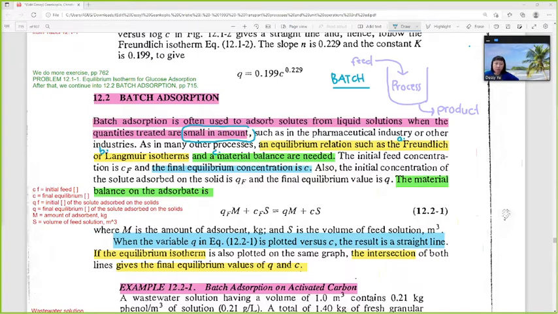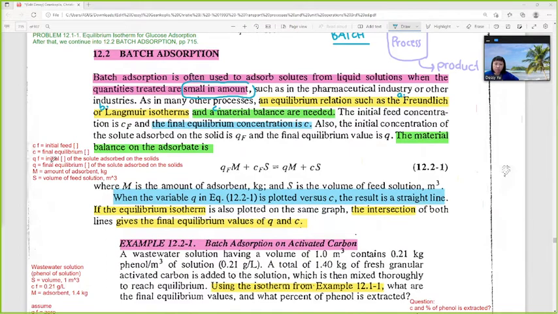Cf is the initial feed concentration, and the final equilibrium concentration is C. And then Qf is the initial concentration of the solute on the solid absorbent, and Q is the final equilibrium concentration. M is the amount of absorbent, and the last, S, is the volume of feed solution.